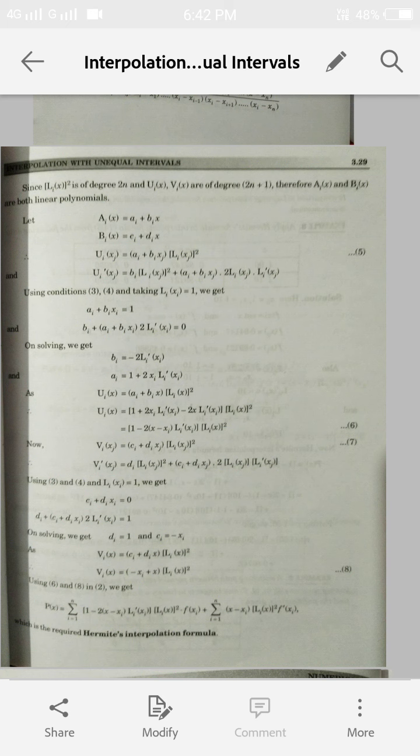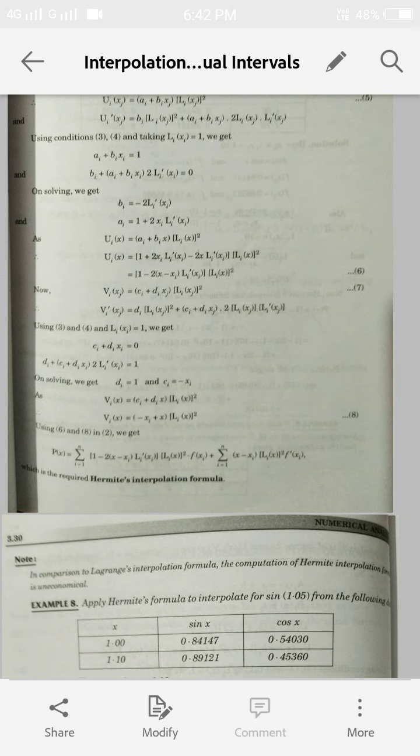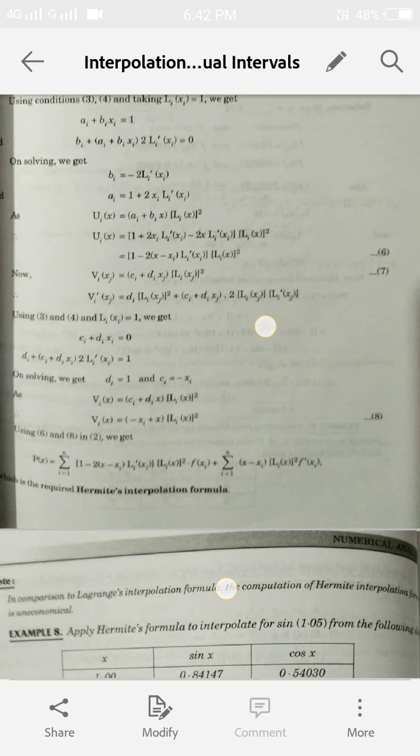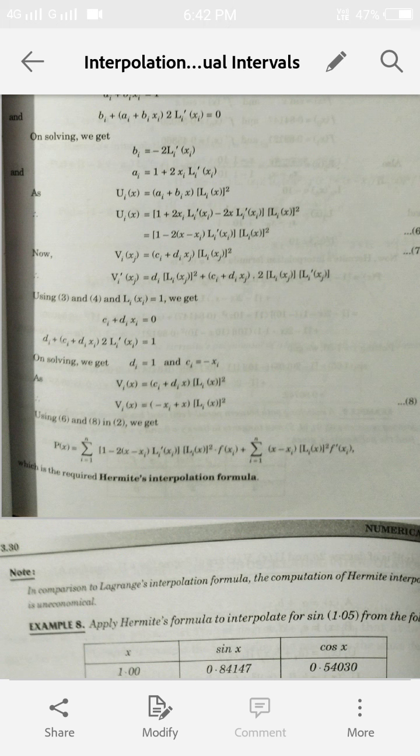So again put the values of this, and now again using the conditions, here we are left with equations 5, 6, 7 and 8, and now using these values we arrive at the Hermite's interpolation formula. If we look at these, in the first term we have 1 minus 2 into (x minus xi) multiplied by Li'(xi), and outside the bracket the function is Li(x) square into f(xi), and in the second term (x minus xi) into Li(x) square into f'(xi).